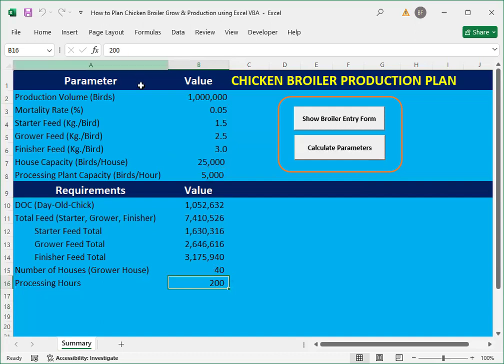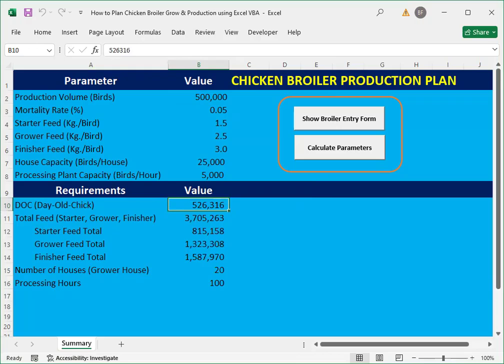Okay. If you don't have enough capital, we can cut this in half, 500,000. Okay, calculate. Then we only need 526,000 birds. That's a lot of money saved.